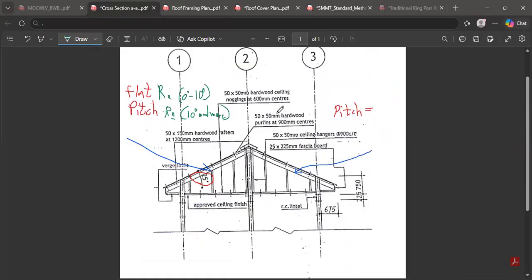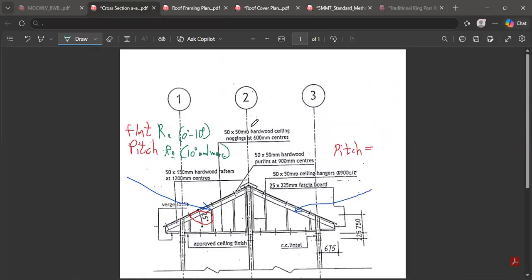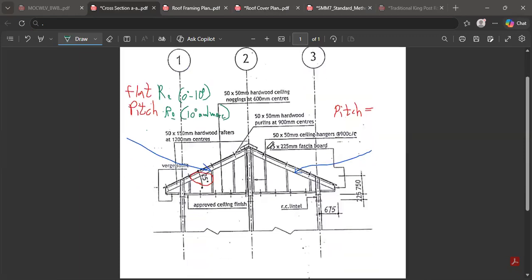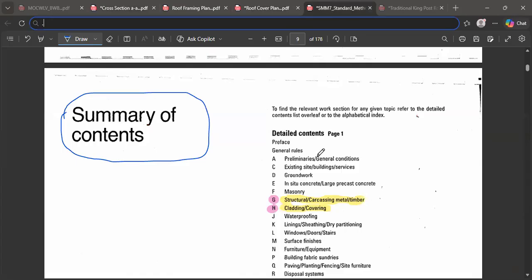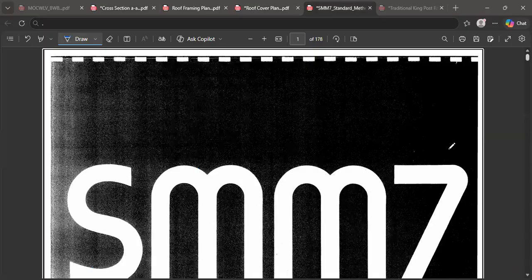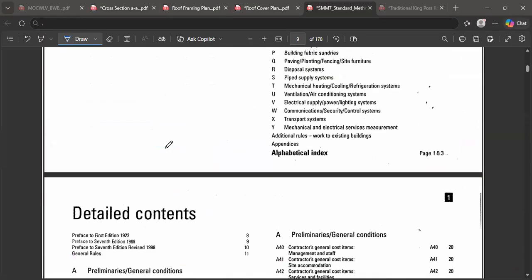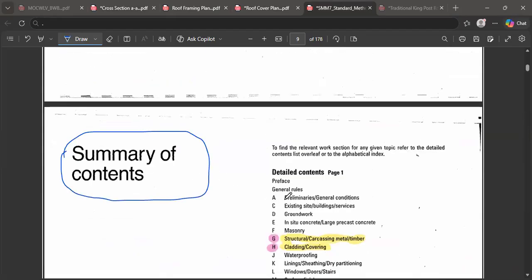Yes. Exactly. Let me quickly take you to SMM7 and let's see how we can also become a little bit history from there even before we start. I want you to take note that the SMM7, you have to always use it when you are doing your measurement of construction works. It is as simple as that. When you open the SMM7, you just locate the summary of contents.